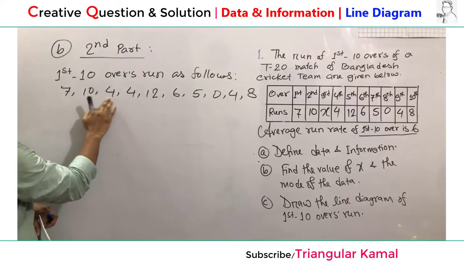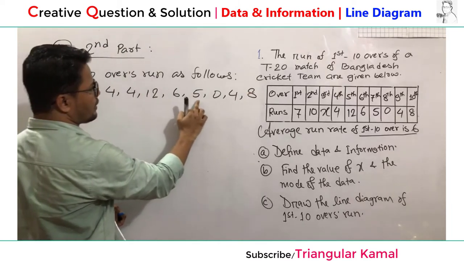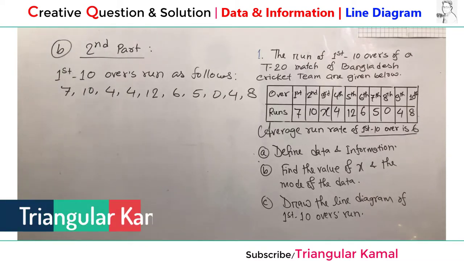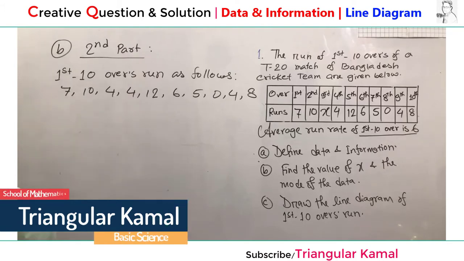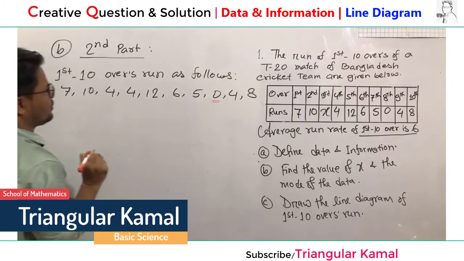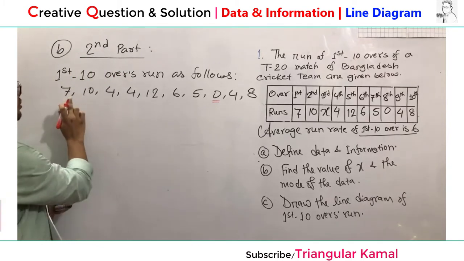First, second, third, fourth, fifth, sixth, 7, 8, 9, 10. So give attention to which data is repeated the maximum number of times. Here we see 0 appears 1 time and 7 also appears 1 time.